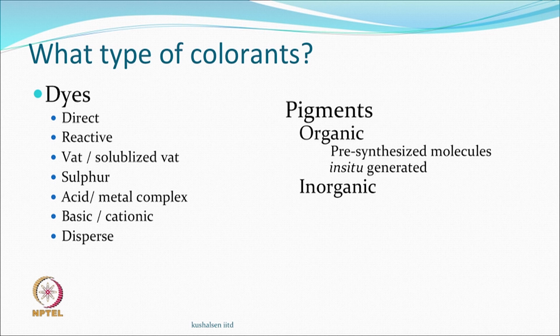And inorganic, of course, you can use some of the inorganic compounds which give certain types of shade which may not be easily available, easily synthesized in the organic, and particularly in some cases the fastness properties may also be very good, and so you may like to use pigments.